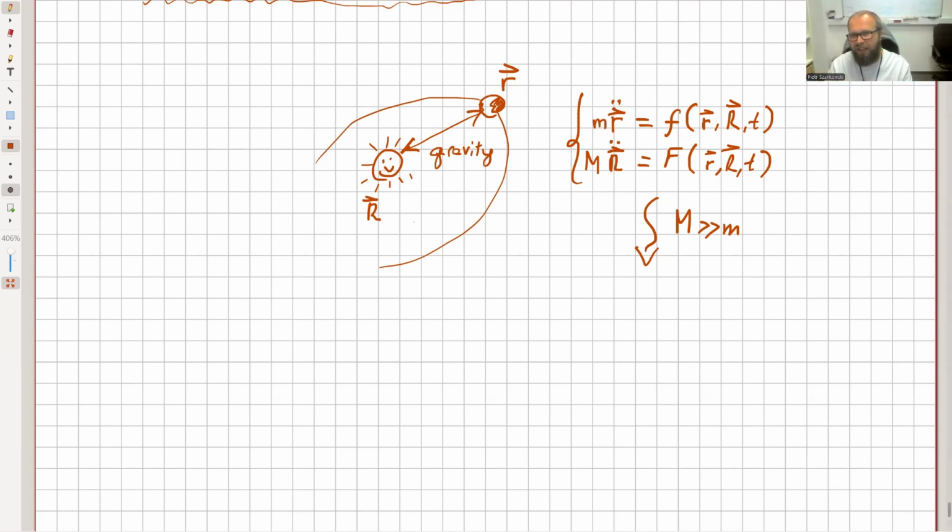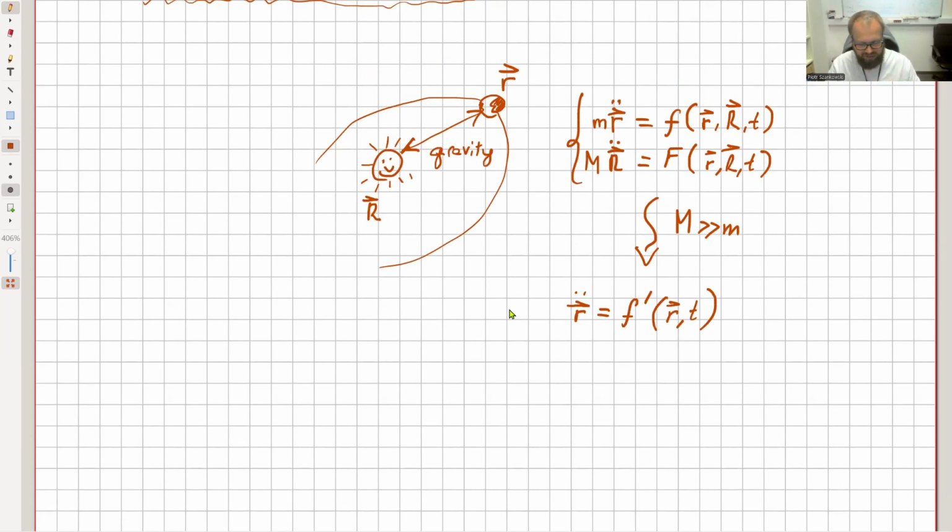So you approximate this by eliminating the position of the sun as a variable, and you represent the influence of the star onto the planet as an external force field.